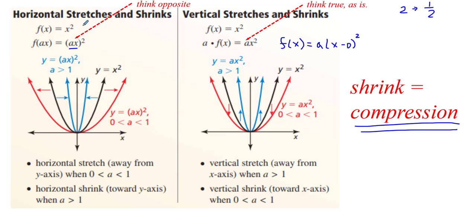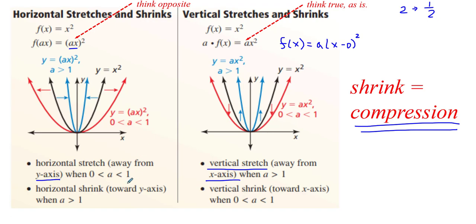So if we look at the horizontal stretch, this indicates that we are stretching away from the y-axis. I know these graphics look very, very eerily similar, but they are very much indeed different. When we have a vertical stretch or shrink, we are stretching or shrinking away from the x-axis. Once we play around with these a little bit, you are going to see how that works.